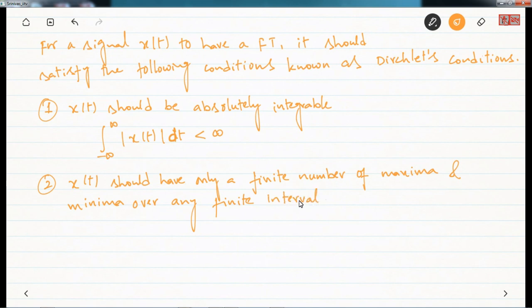Like you consider a finite interval of duration some tau. In that finite interval, it should only have a finite number of maxima and minima. It should not have an infinite number of maxima and minima. That is condition number two.